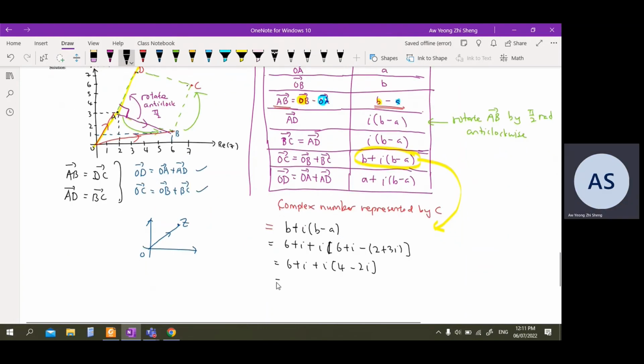Yeah, expanding my i into the bracket, that's 4i minus 2i squared. I have a 5i here. i squared is -1, so minus 2i squared becomes a plus 2. That becomes 8 plus 5i at the end. Okay, and done.